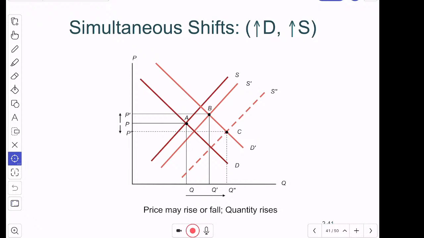And then let's say at the same time, remember, the effects of the shock are from variables that are not either the price itself or the quantity demanded itself.